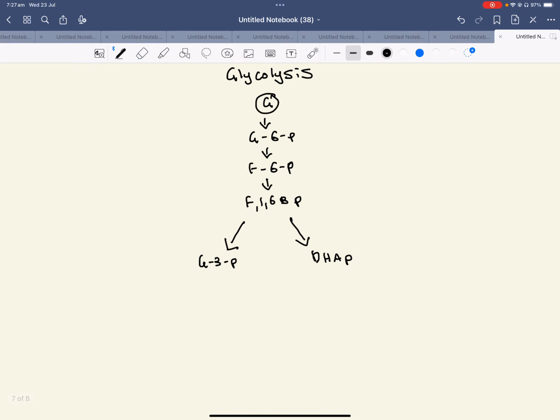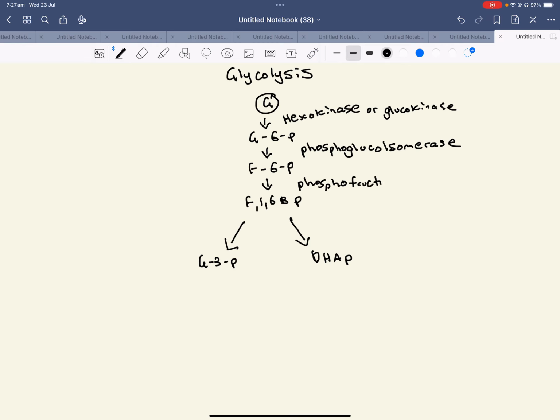I'm going to add these enzymes now. This is hexokinase. Remember we saw that before in insulin regulation. Or glucokinase. This is phosphoglucoisomerase. Here's phosphofructokinase.